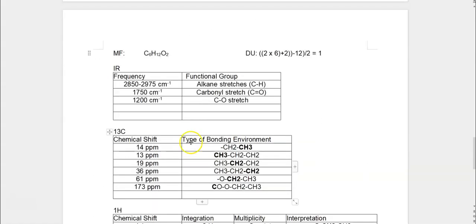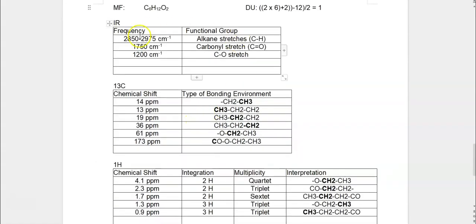So if we look down here, I completed a chart down below, in which I took into account the molecular formula, 6 carbons, 12 hydrogens, and 2 oxygen atoms, and calculated the degree of unsaturation. That is 2 times 6 carbons, and I had to add an additional 2 because of the 2 oxygen atoms present within this compound.